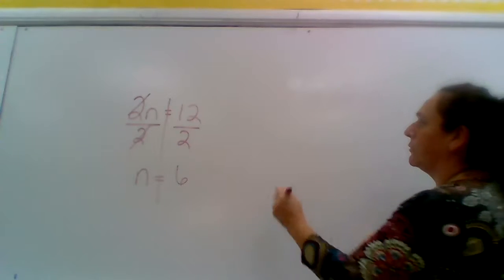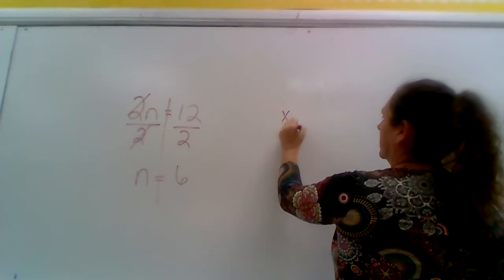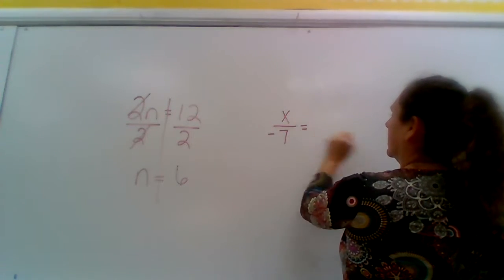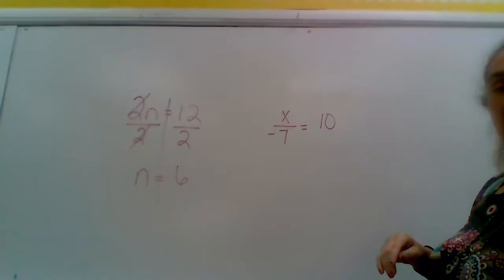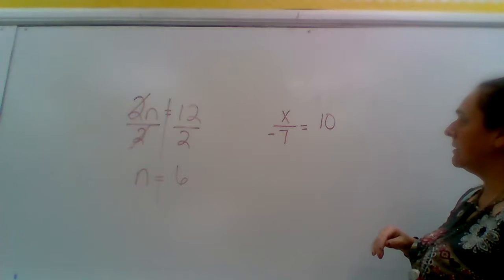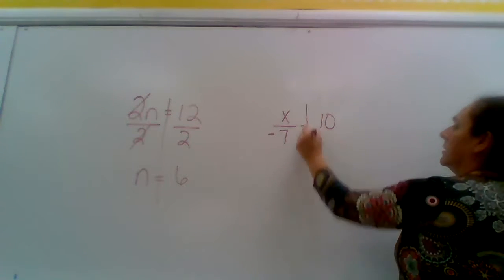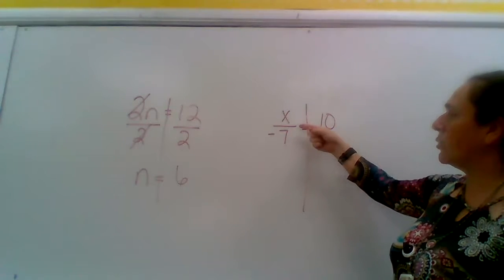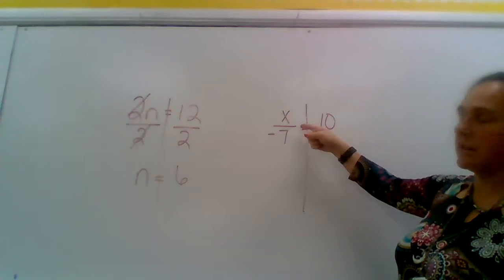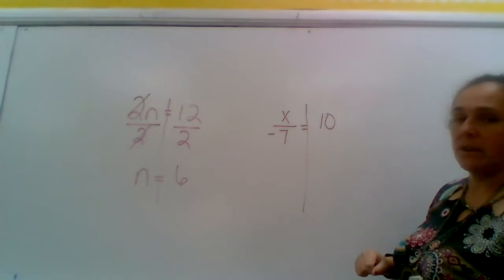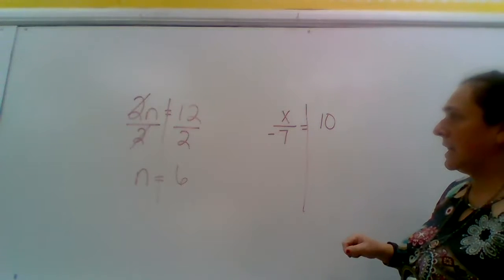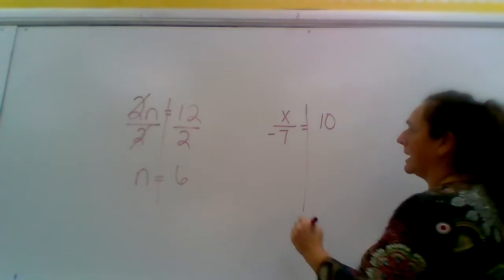Okay? What if we have a negative? If we have x over negative 7 equals 10, a lot of you are still getting hung up going, I don't know what that means. Remember, that's an operation of divide. So we have x divided by negative 7. The opposite of dividing by negative 7 would be to multiply by negative 7.